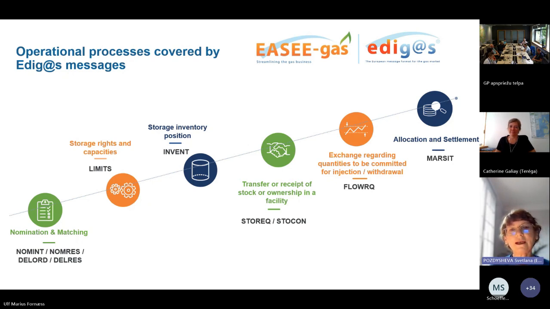There's a store rec and store con message, which allows modeling transactions in storage, of volume or even capacities, something which would be described later by my colleagues. We also have a quite new message, which allows the system operator to communicate the flow requirements, like technical minimum, for instance, or the flow to maintain, something which can be relevant to physical steering of the asset.